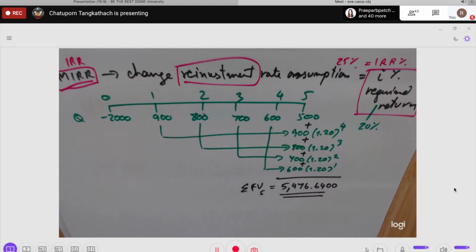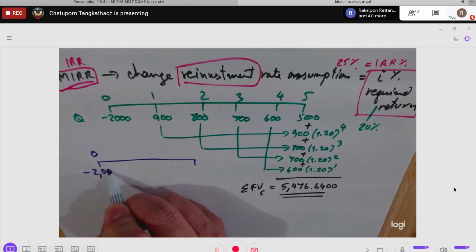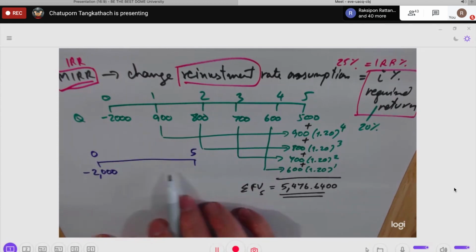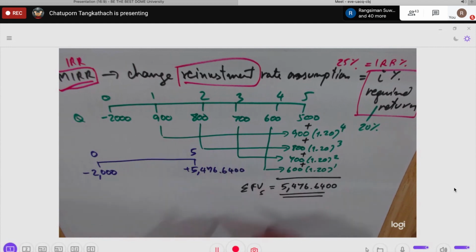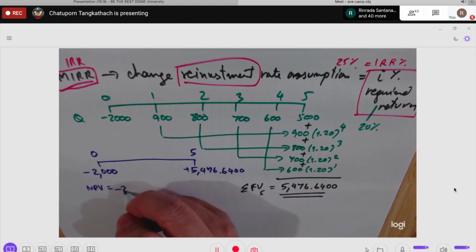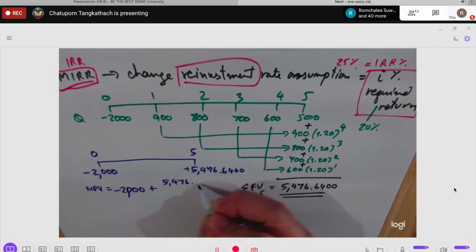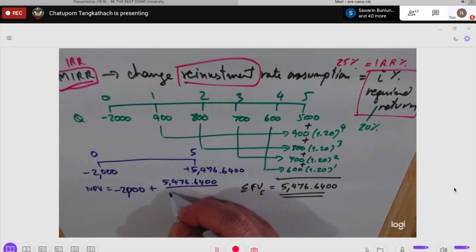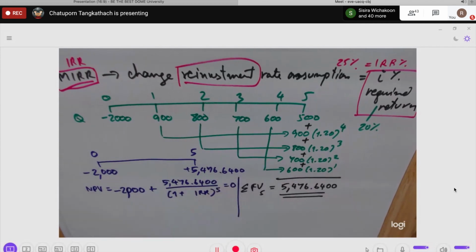Now, looking at this project, it is somewhat like we invest 2,000 today, and for 5 years we do not get any cash flows except one very large cash flow at the end, 5,476.64. And we calculate IRR again for this one. So NPV equals minus 2000 plus 5476.64 divided by 1 plus IRR to the power of 5 equals 0.